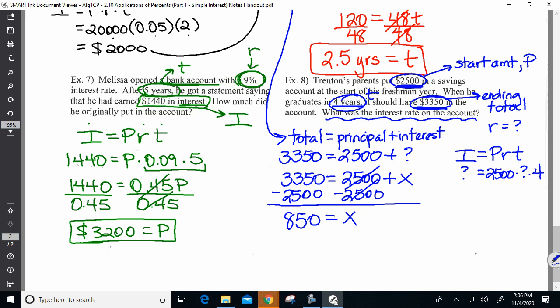But now that I know that 850 is the interest, I can put in the 850.